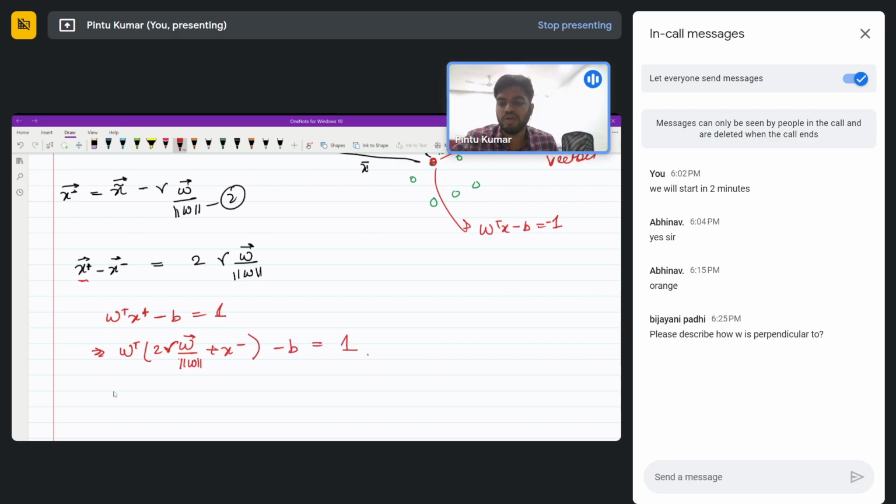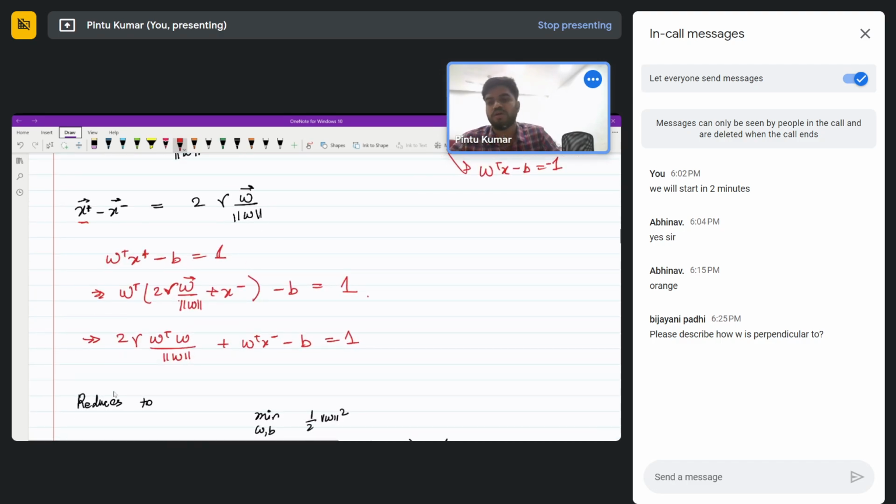Or this is equivalent to 2 gamma W transpose W by norm W, plus W transpose X minus B is equal to 1.